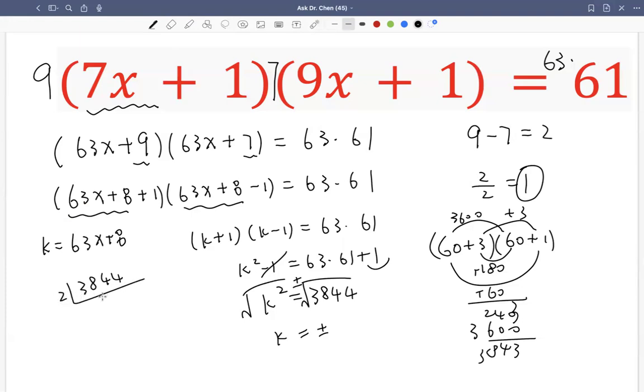Well, let's divide by 2 first. Well, if we know how to do square root, we can go ahead and do that. Right? Or otherwise, we see this is an even number. Let's just divide by 2. Divide by 2, get 1922. Even number again. Divide by 2 again. 961.